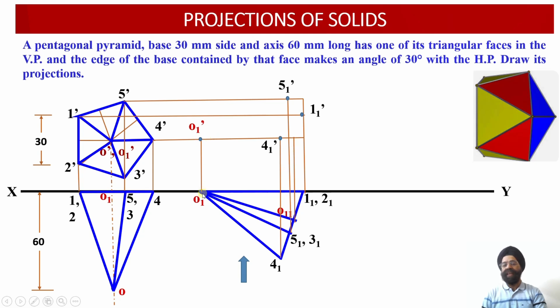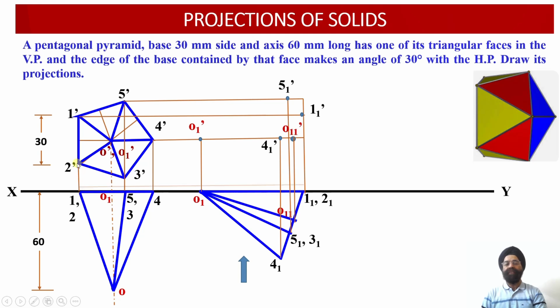This intersection provides us with the location of the point O1 dash. This intersection provides us with the location of the point 4, 1 dash, and this intersection provides us with the location of the point O1, 1 dash over here.